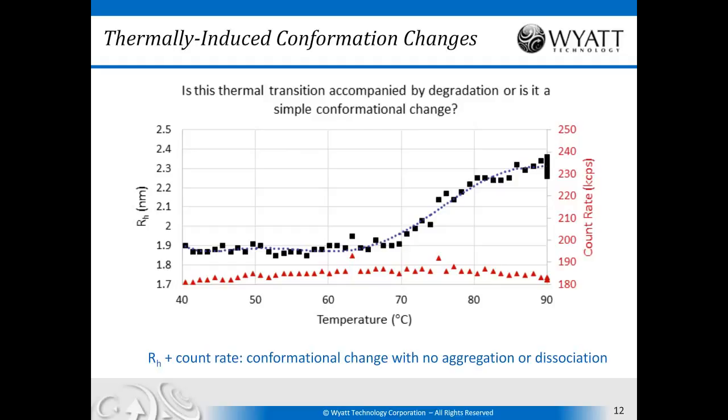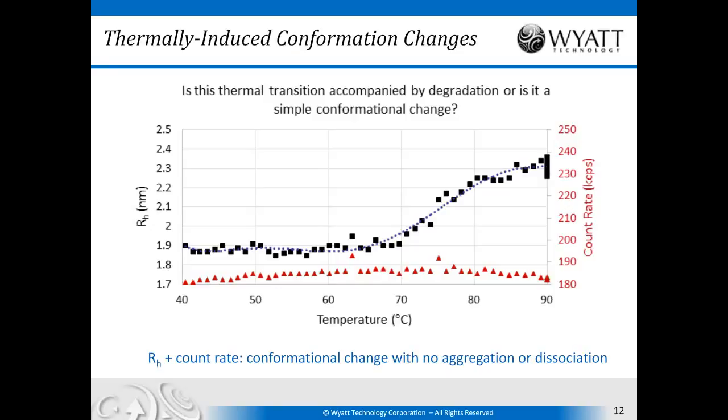So there's an interesting property of dynamic light scattering, that when you're measuring the size due to the fluctuations, you're actually simultaneously measuring an effective type of static light scattering, the average intensity.